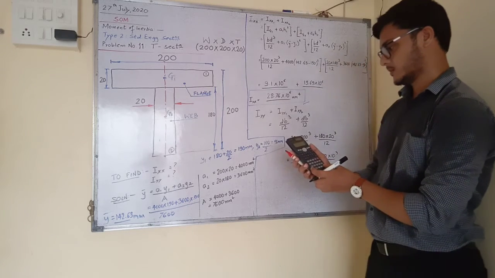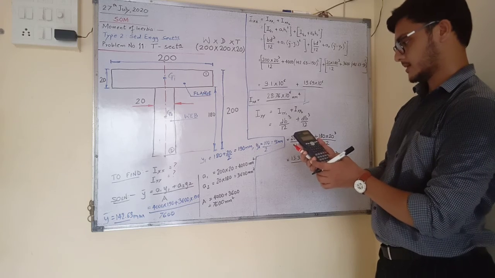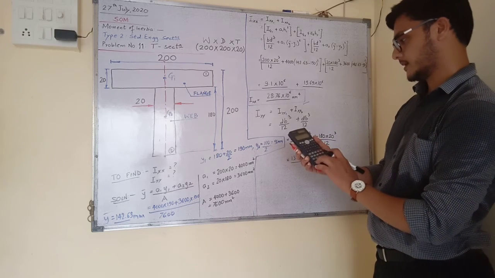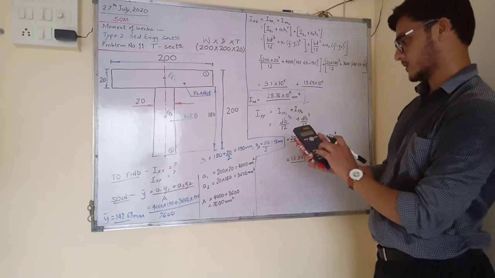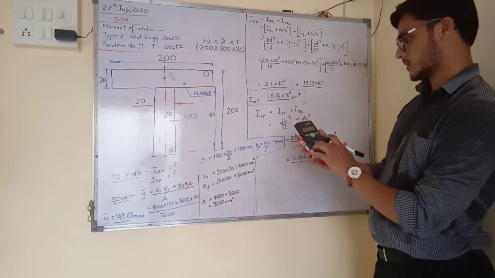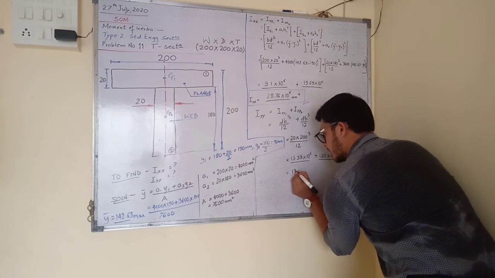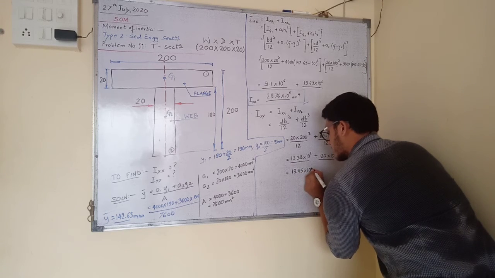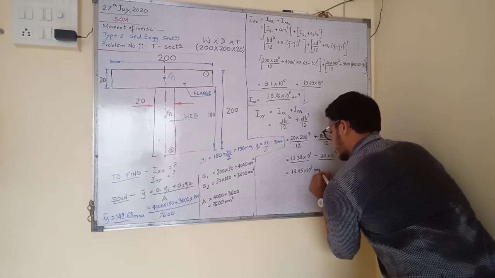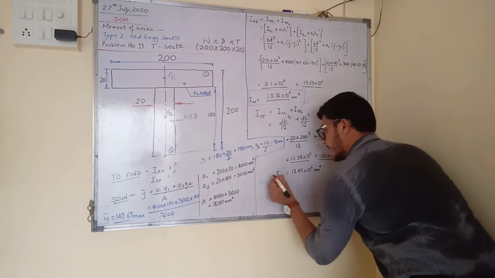I'll add these two. Answer plus 13.33 into 10 raised to 6. So I got 13.45 into 10 raised to 6 millimeter raised to 4. This is the value of Iyy.